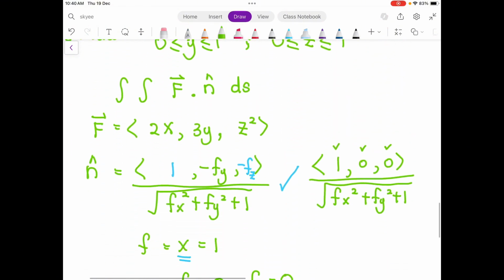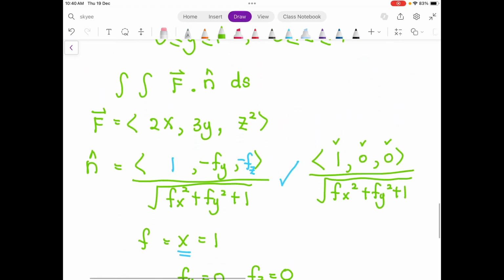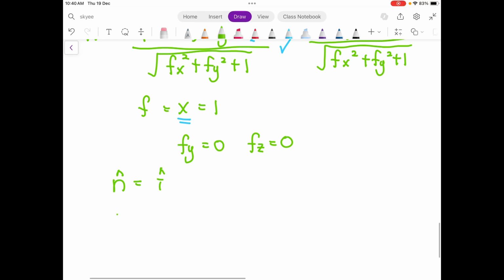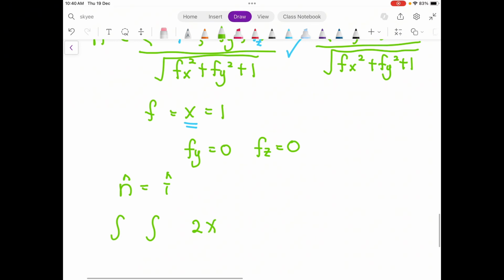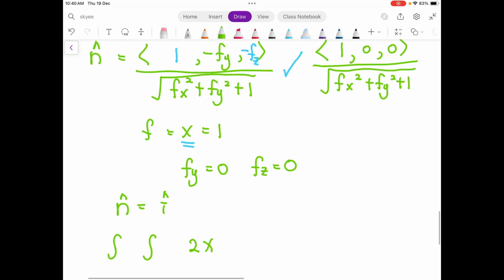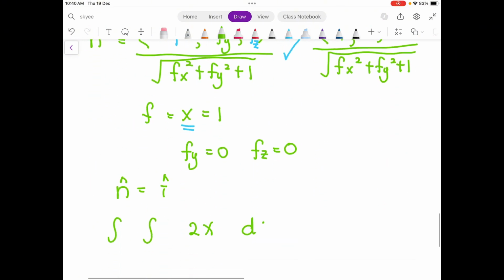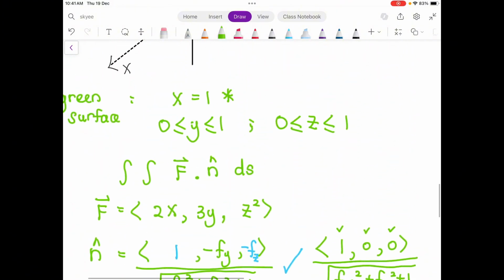So this is the unit vector n for the first surface, and we can now combine it with F. Since you don't have the i and j components, this will become 2x, because of the dot product, 2x, and then dA. This dA stands for the interval of the green surface.